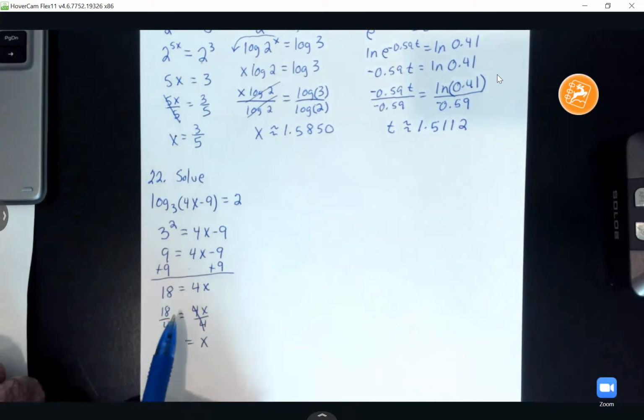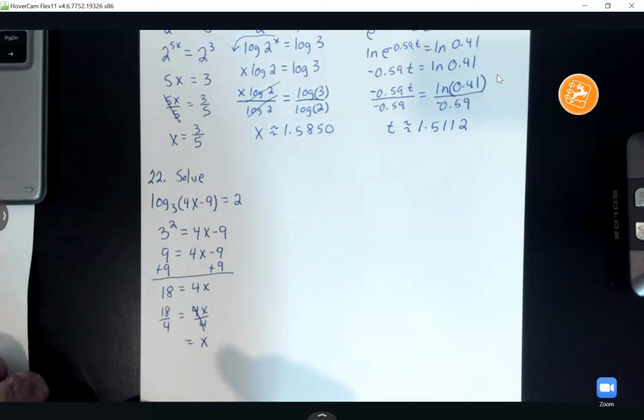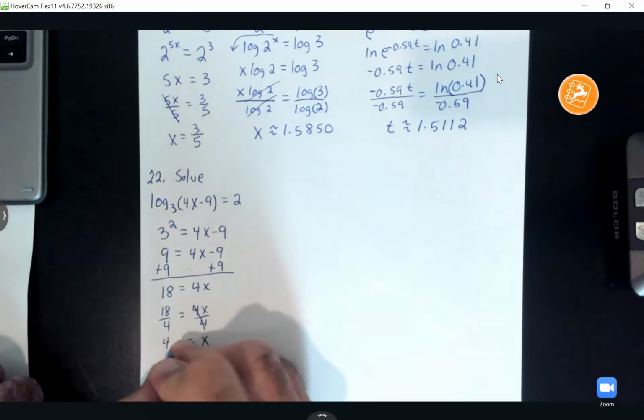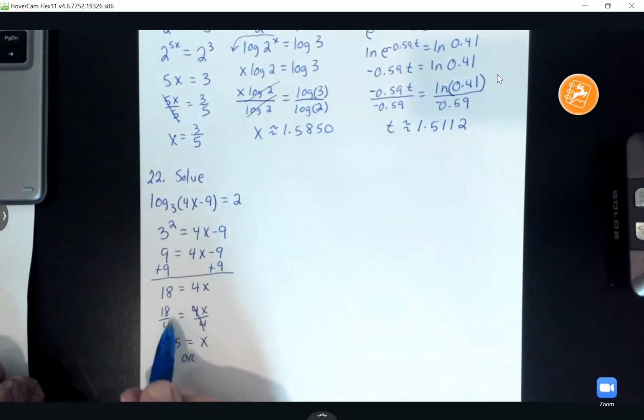So those cancel, giving me my x. Now, MathLab takes this two ways. You can simplify this down, or you can get a decimal on this one. So for 22, MathLab will take a decimal or a fraction. So if you divide that, you get a 4.5. Or if you just reduced it, 18 over 4 reduces to a 9/2.